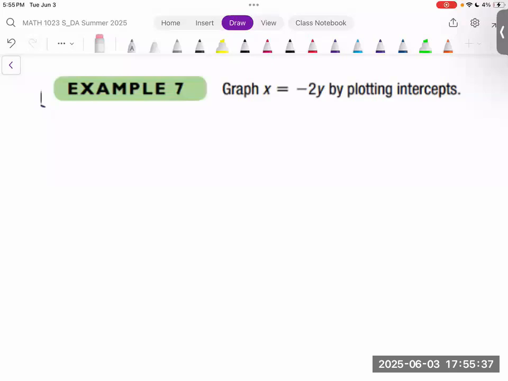All right, for example number 7, guys. If I want to start by getting the x-intercept and the y-intercept, I first want to put it in the familiar format, ax plus by equals c, correct? What shall I do here to make it the same format? I have x equals minus 2y.